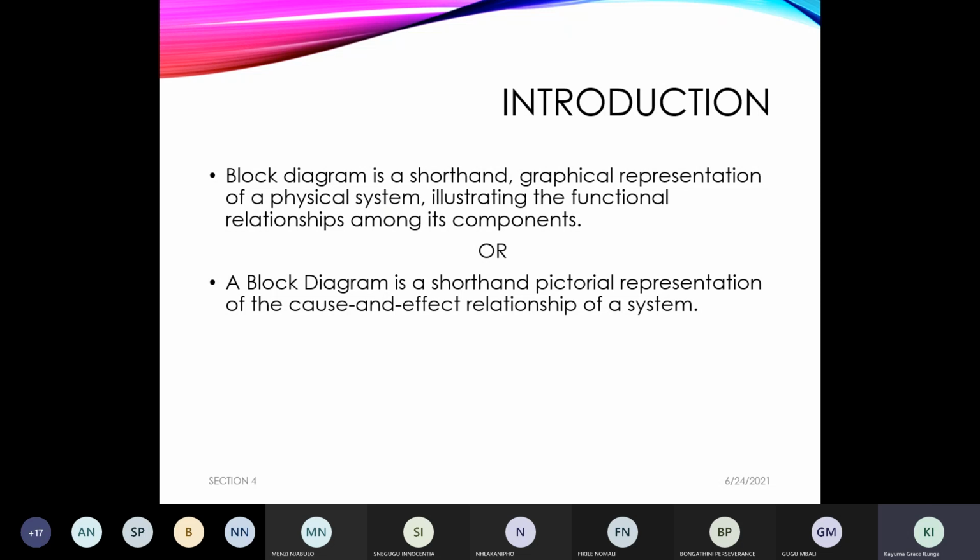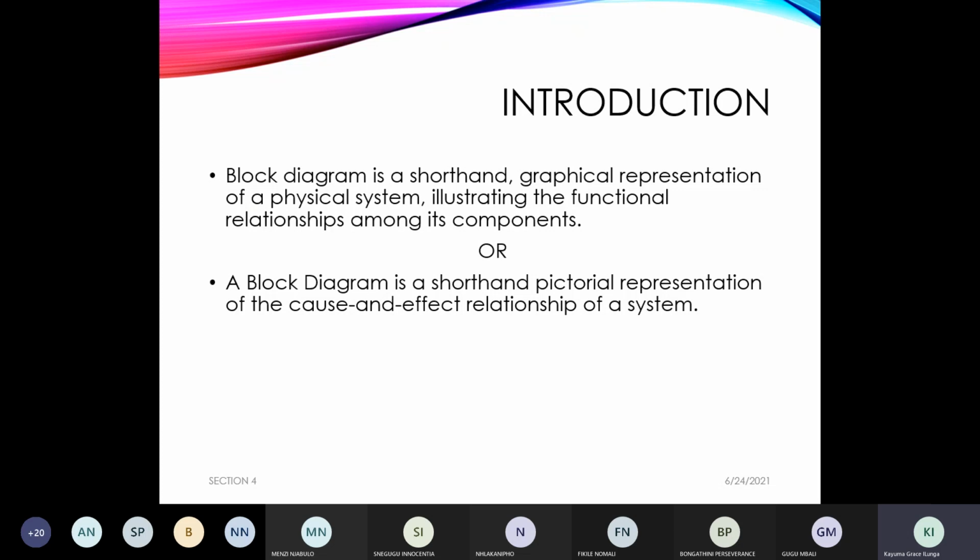As a definition, we can say a block diagram is a short-hand graphical representation of a physical system illustrating the functional relationship among its components, or a block diagram is a short pictorial representation of the cause and effect relationship of the system.